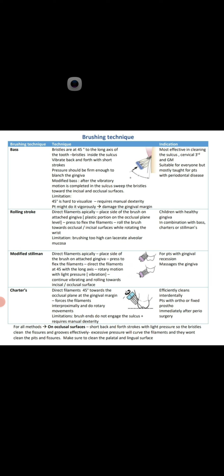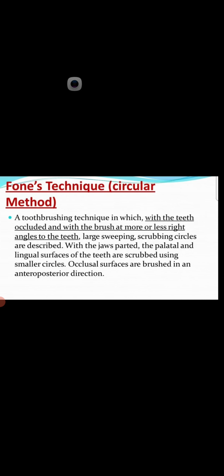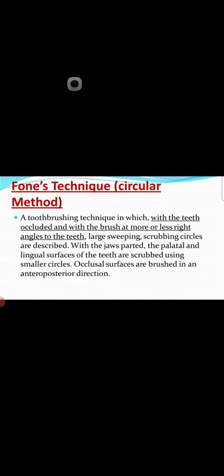They like chicken rolls. Next is the Fones method. When in exam MCQs come for children, which is the best method? The best method is the Fones method or circular technique.